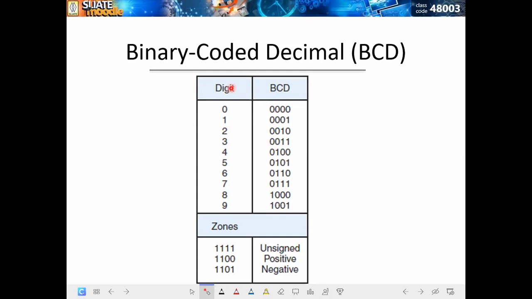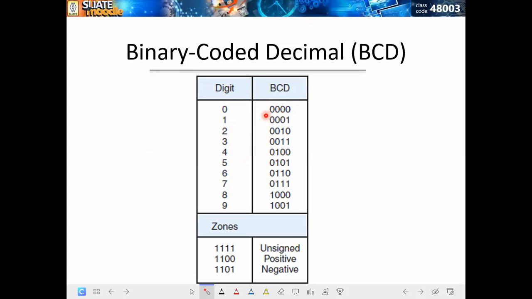So in binary coded decimal, the easiest way is this, you can remember, right? We can use binary numbers to represent each and every digit in the decimal number. How?